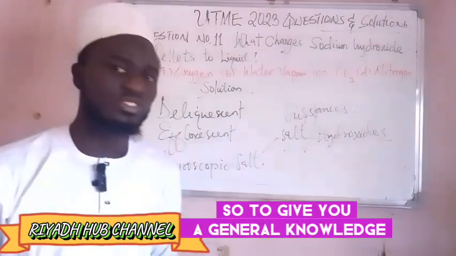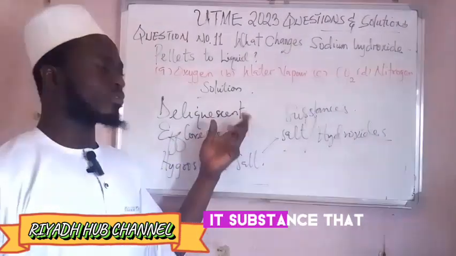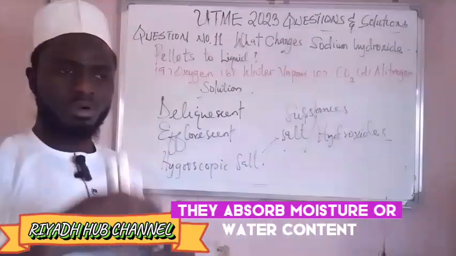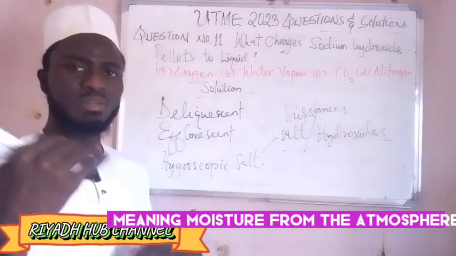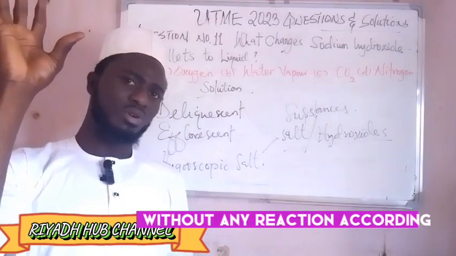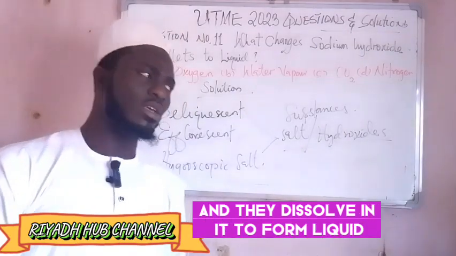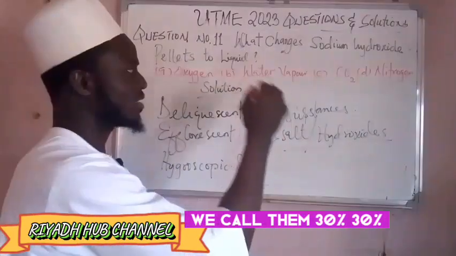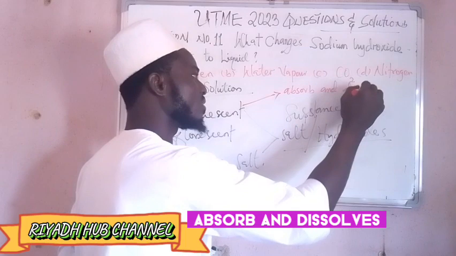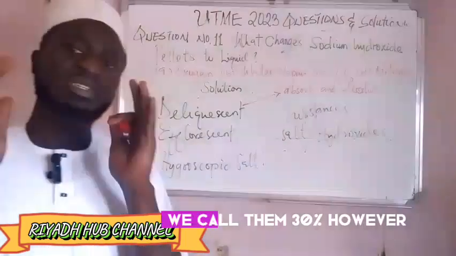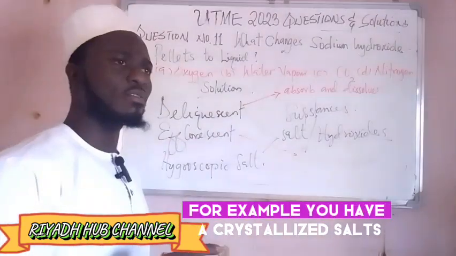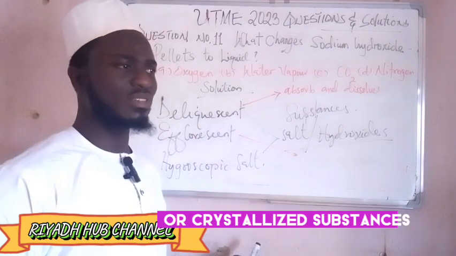To give you a general knowledge, not just based on this question, a substance that absorbs moisture or water content from the atmosphere, and dissolves in it, to form liquid, without any reaction occurring, we call deliquescent.